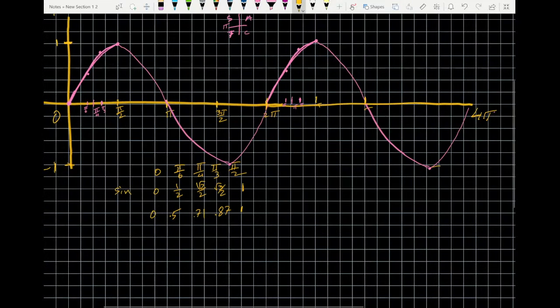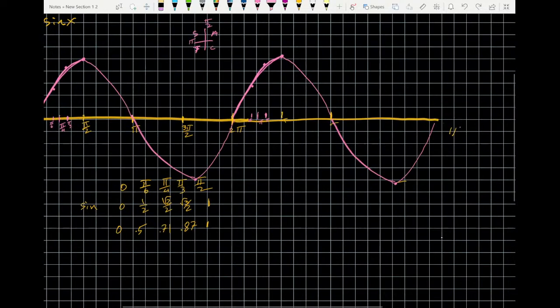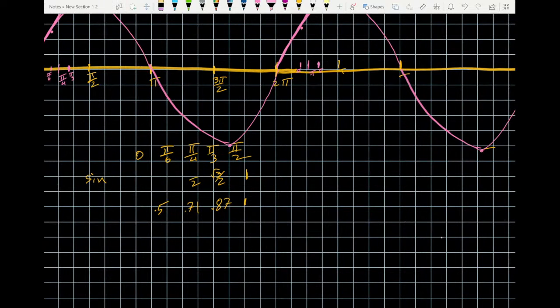What about for cosine? Let's use the same, but we're going to use a different color. For cosine, you get what? You get 1, then square root of 3 over 2, square root of 2 over 2, then 1 half, and then 0.